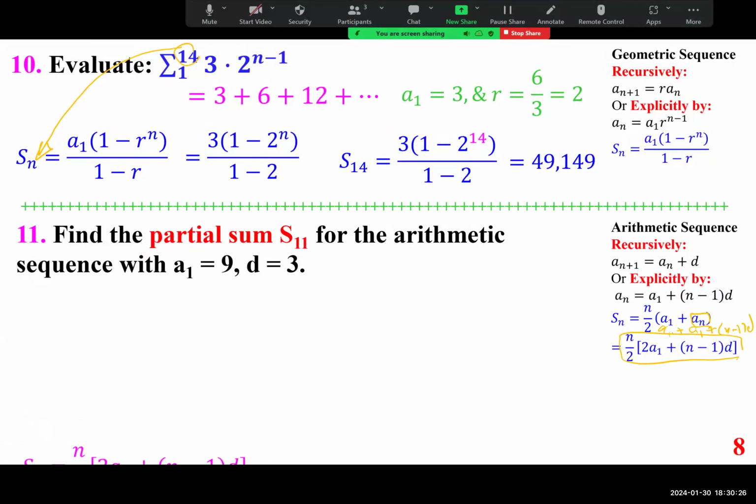And therefore, we are going to use that one where A sub 1 is given, d is given, and then n is 11. Okay, because they said S sub 11.